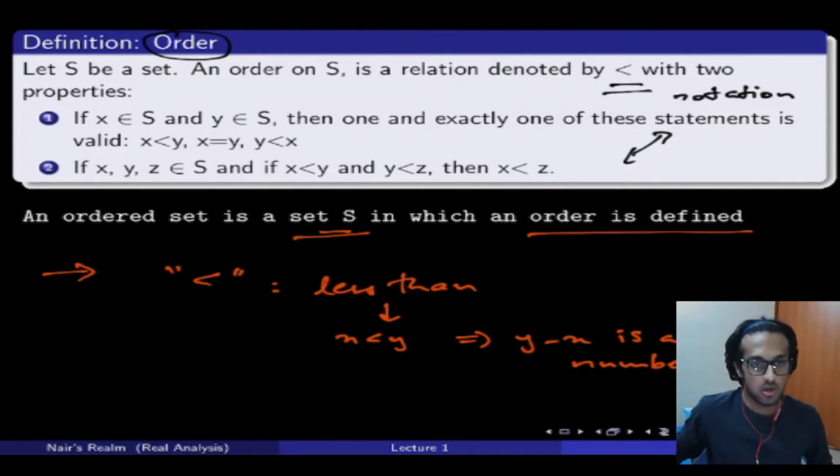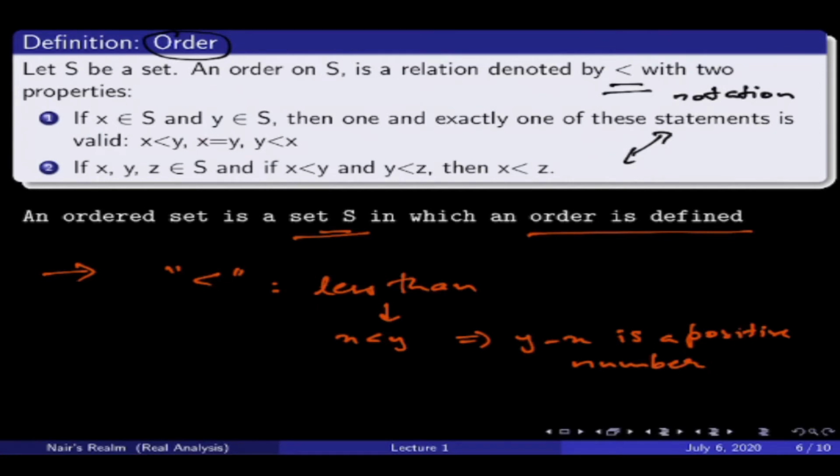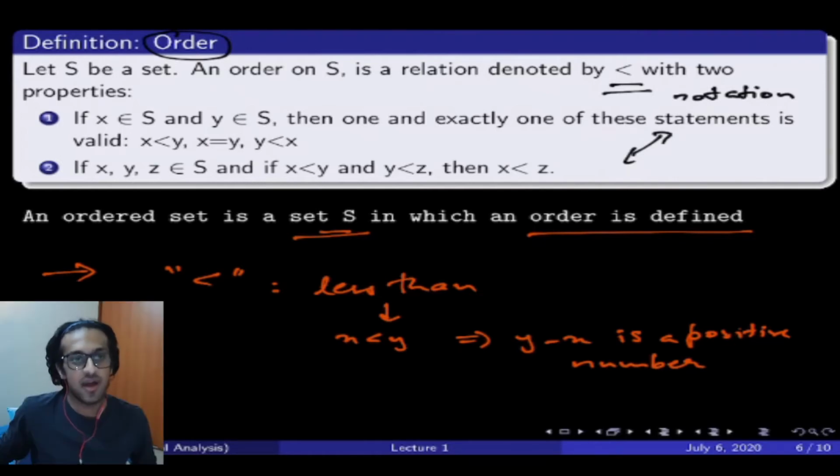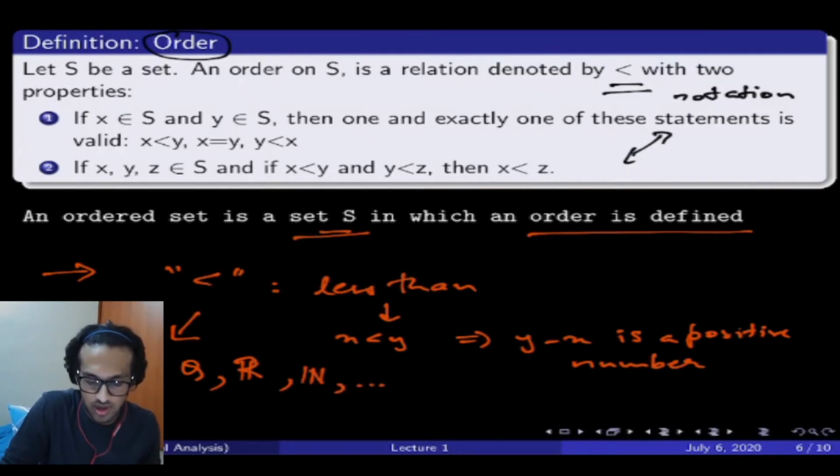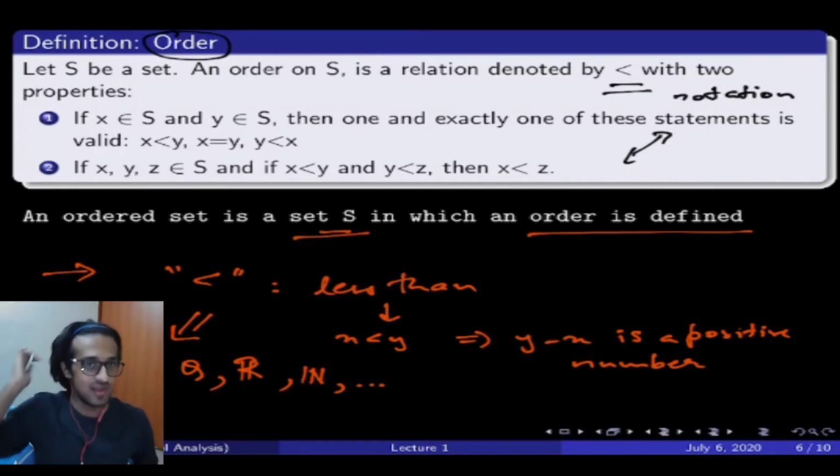This is the relation that has been used on Q, the set of rationals, the set of real numbers, natural numbers, and everything. I just wanted to clear that out so that you have some clarity.